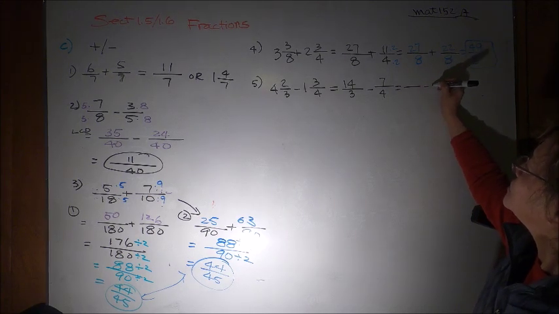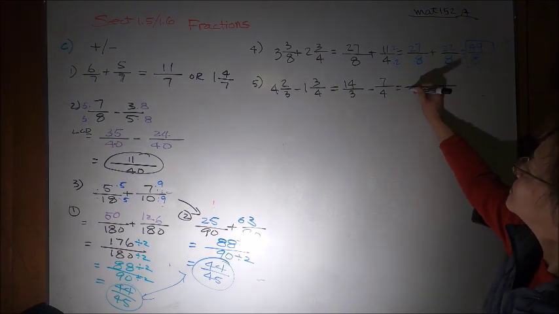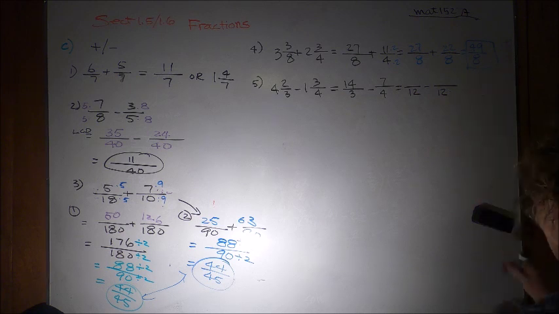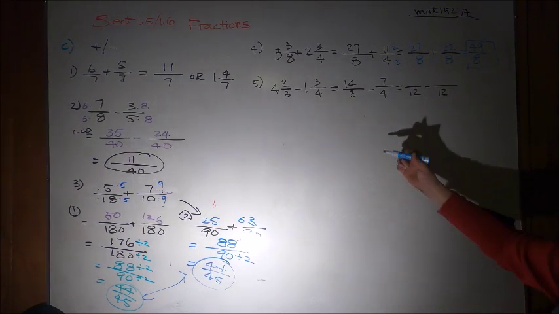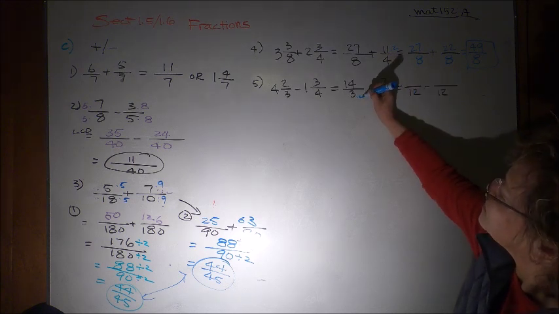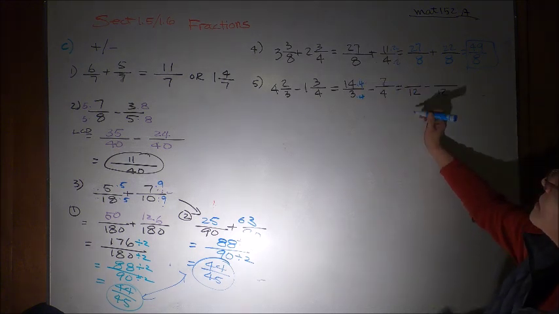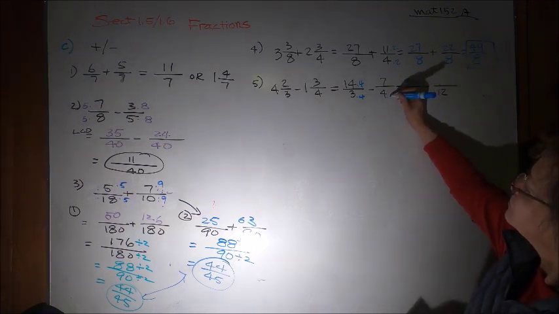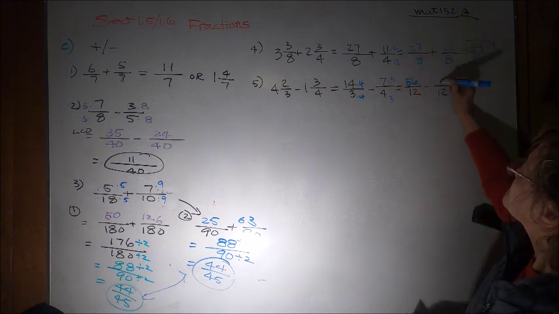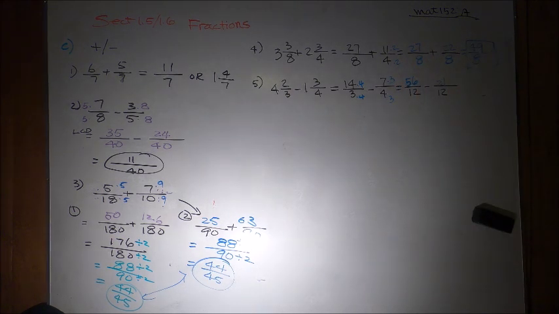So actually, all you need, just multiply them, right? That's your LCD. So 14/3 becomes 12, you multiply by 4, the top would be what? 56.